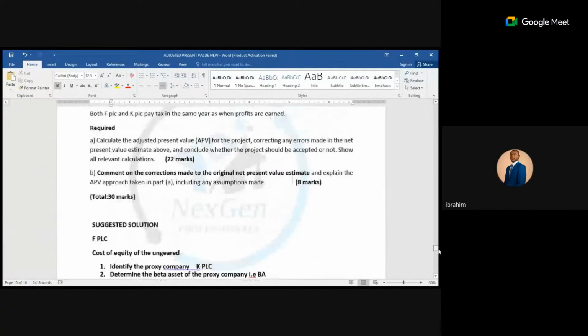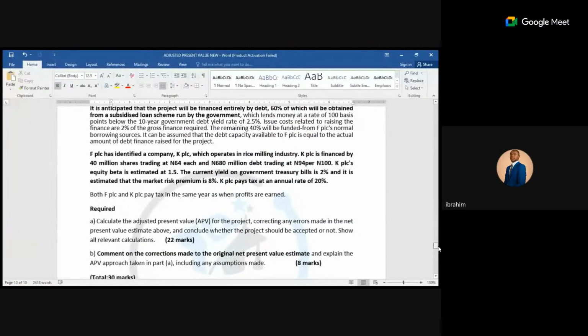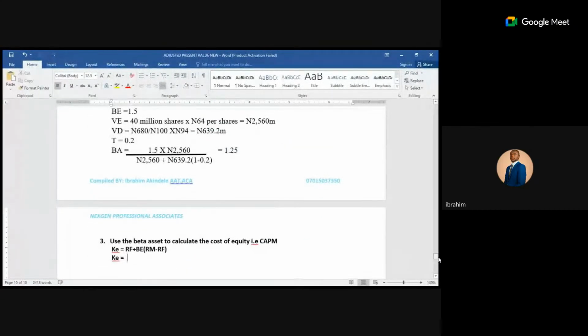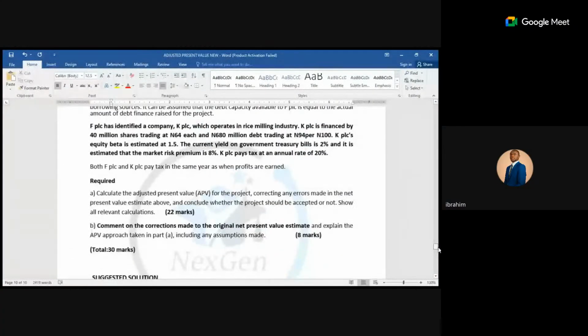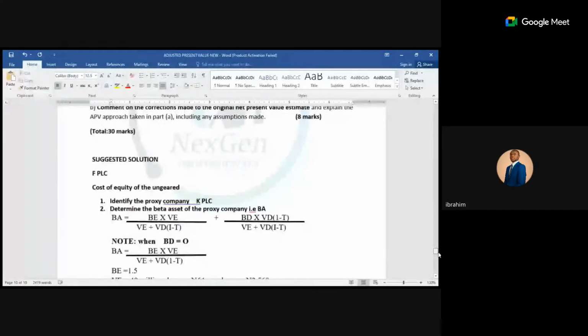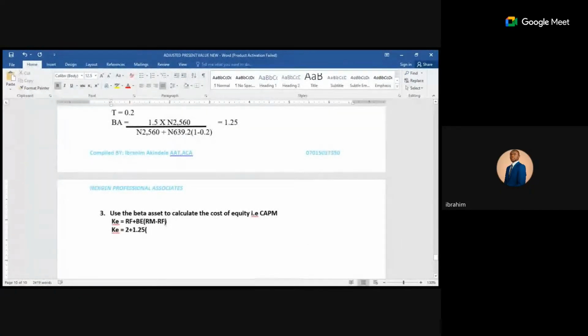So, what is our risk-free rate? The risk-free rate is 2% plus your asset beta, which will become your equity beta. What we're given here is the market premium, which is 8%. The difference between the market return and the risk-free rate is called the risk premium, but we're given the risk premium.